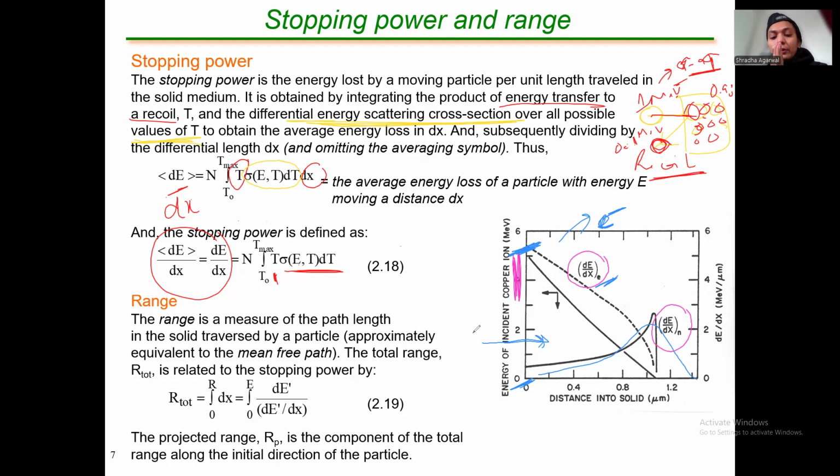Remember that thing I talked about, that it does a zoom with the electronic energy loss, and this all happens at very high energy. So in the beginning it enters the solid with very high energy, and then this electronic energy loss starts to degrade.